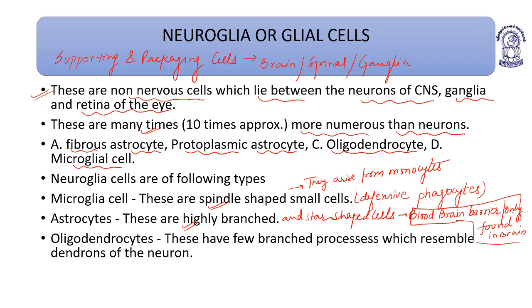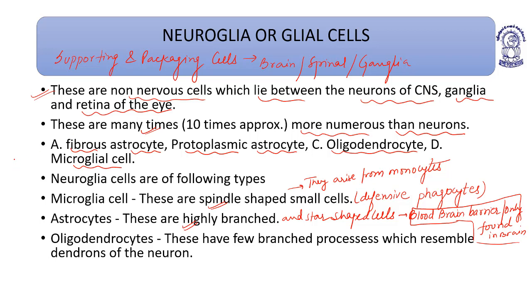They help to form the blood-brain barrier, and that is why they are found only in brain. The blood-brain barrier helps to avoid unnecessary entry of different byproducts or metabolically active or inactive products. So it basically acts as a watchman or a guard to prevent the entry of toxic neurotoxic substances inside the brain.